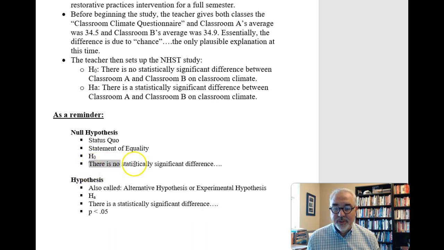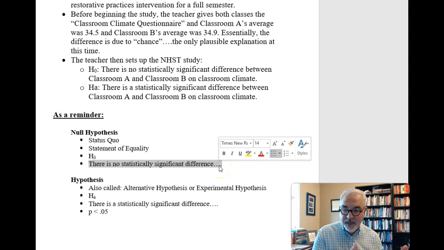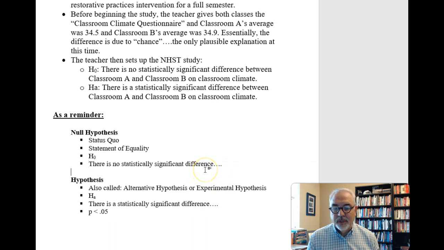Essentially, there is no statistically significant difference between, or if you're looking at some other type of study, there's no statistically significant relationship. But for this study, there is no statistically significant difference. Again, this is the status quo. We haven't done the study yet, so we don't know if restorative practices are really going to make a difference.